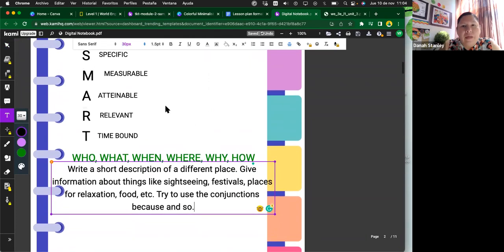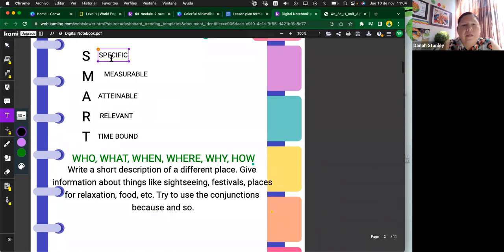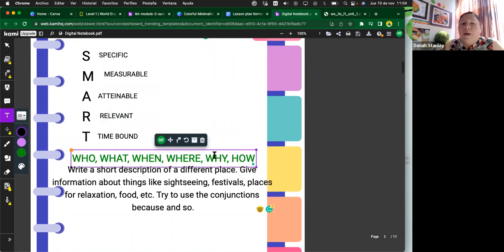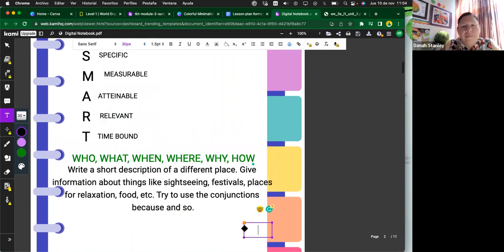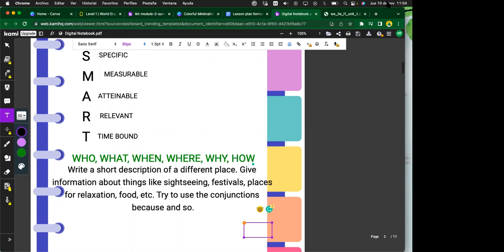And we need to make it specific, measurable, attainable, relevant, time-bound, saying who, what, where, when, why, and how, okay? I'm going to give you 1 minute to think about, okay? What would be, and write your main aim, and we are going to make a brainstorm, okay? A ver, 1 minute. Okay, Miss.